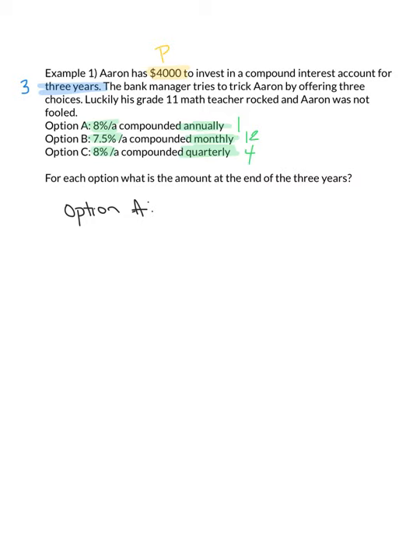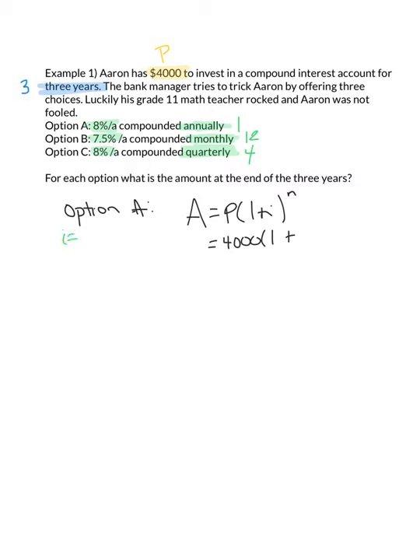I'm going to go through and solve this for each of these options. So for option A, I'm going to write my formula out. So A is equal to P(1 plus i) to the power of n. Now, I know my P is 4,000 every single time. 1 plus, I need to do a little bit of math to figure out my i and my n.